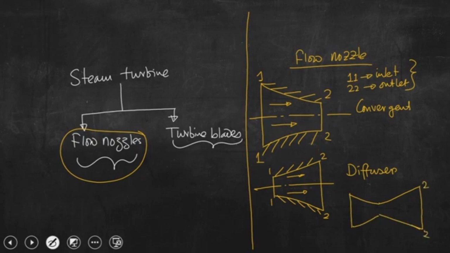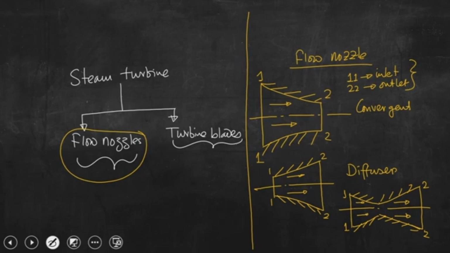And we may have another type. So this is 2, this is 1. This is the flow direction. This is neither purely convergent type nor purely divergent type. So, this is called convergent divergent type.